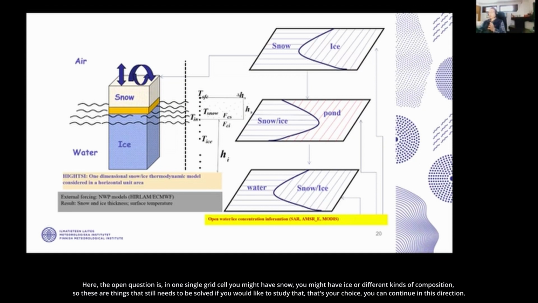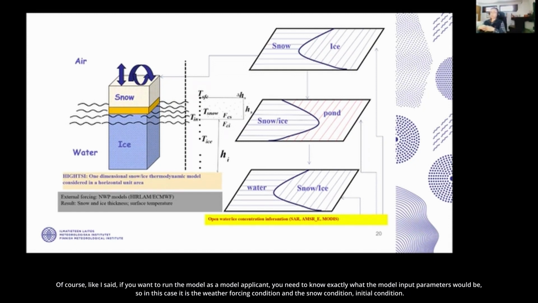Here the open question is that in one single grid cell, you might have snow, you might have ice, or different kinds of composition. So these are things that still need to be solved. If you would like to study that, that's your choice. You can continue in this direction.